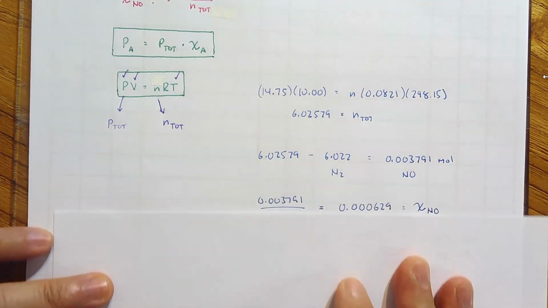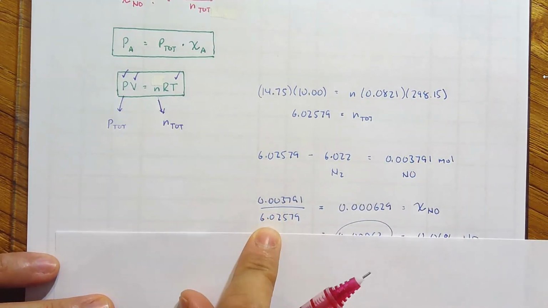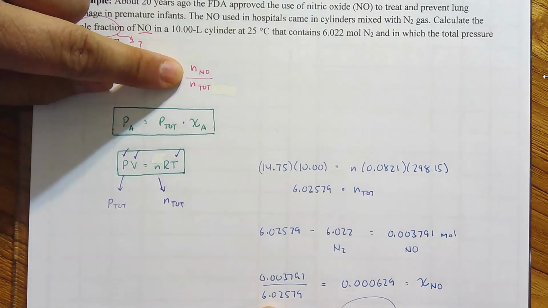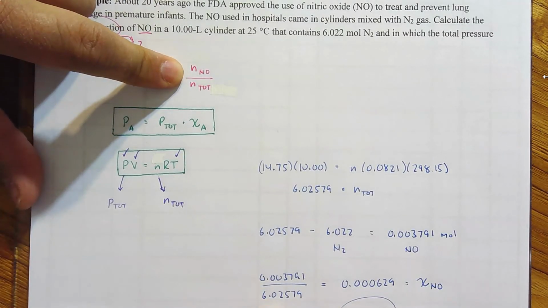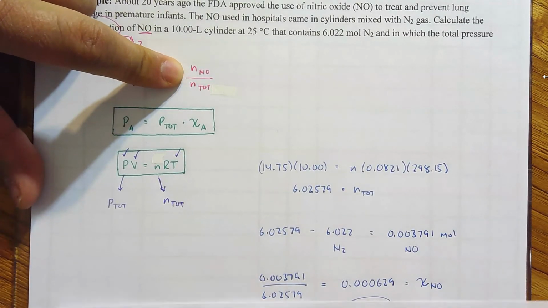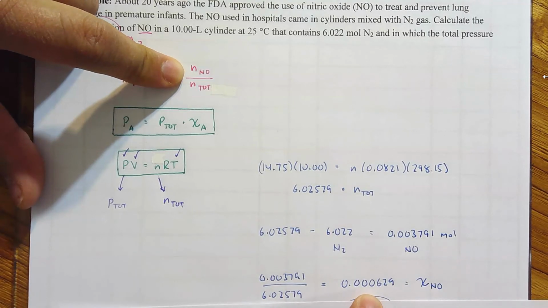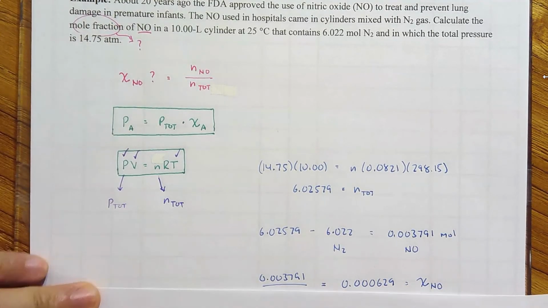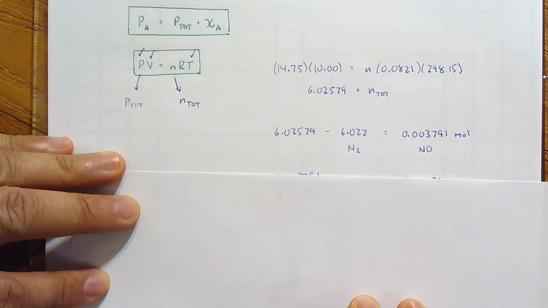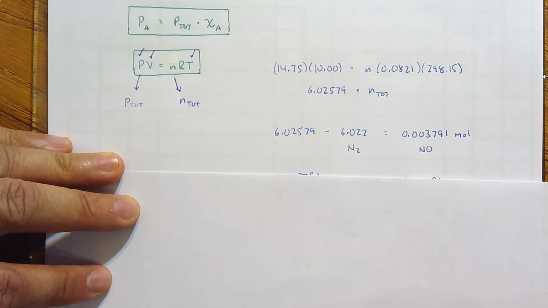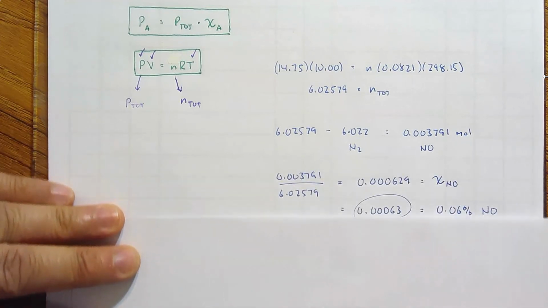So this is the part divided by whole, and literally it's these two values, and I get a number, 0.000629, the mole fraction of nitric oxide. And if I round that, should I round it to 4 sig figs?